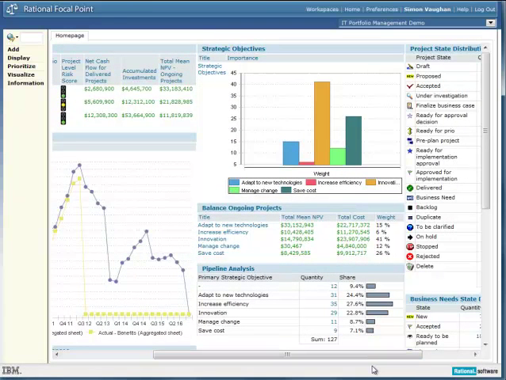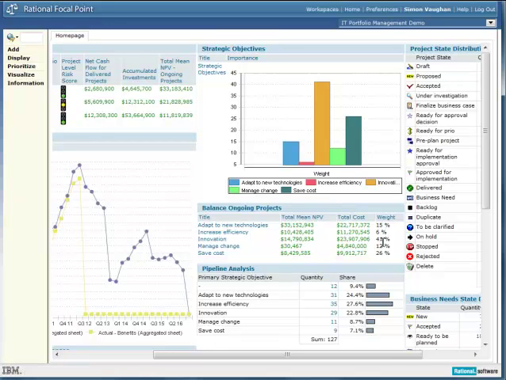I can also define a number of objectives that the portfolio is going to be governed against, and I can weight the importance of those objectives. And by aligning my projects to those objectives, I can begin to ask myself, am I really putting my money where my mouth is? So as an example, I'm saying that innovation is the most important objective.